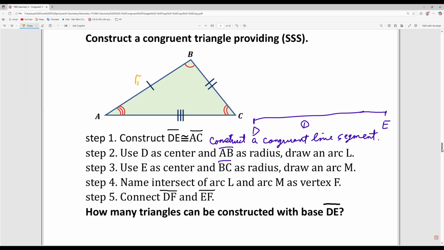So use AB as a radius and D as a center, and draw. Let me draw better. Use your compass to draw an arc. So I call this arc L. And remember, this is R1, right? This is R1.